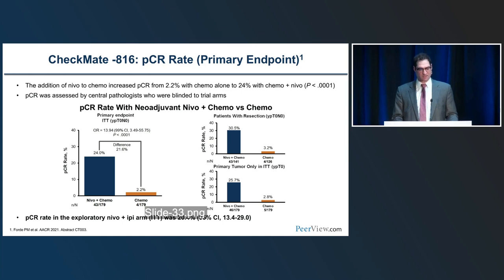And as you can see here, there was a substantial improvement in the co-primary endpoint of pathologic CR rate, 24% with immunotherapy and chemotherapy versus 2.2% with chemotherapy alone. Based on that being dramatically improved, with the nivo-ipi arm having less, the focus was on the nivo-chemo arm for the further portion of the study.